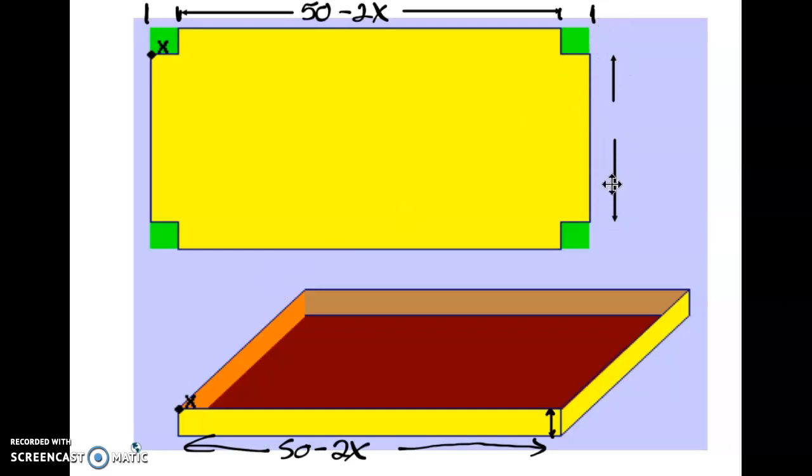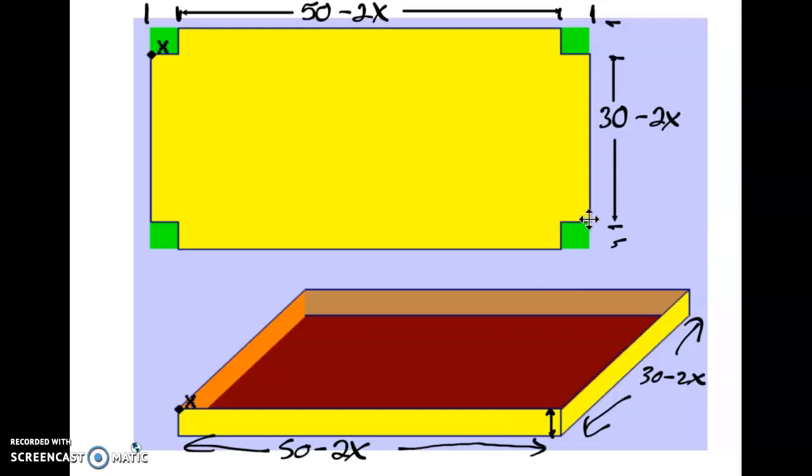On the other side here, it's usually 30 centimeters, but once again, we've removed x from each side. So the length of that side is going to be 30 minus 2x. And that ends up being the width of the box once we've folded up the sides.